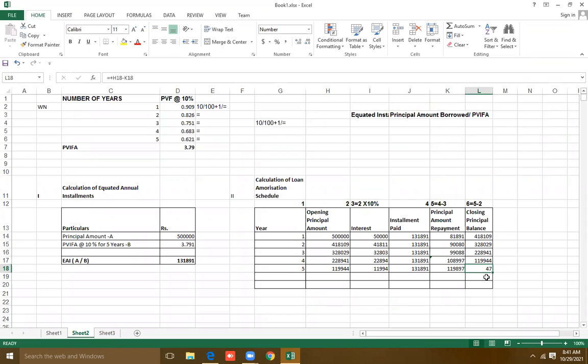So if you see here, some 47 rupees balance is coming. Understood? But logically, at the end of the fifth year, your closing balance should become 0. So in the fifth year we will not do these steps, but we will do an adjusted interest calculation like this.